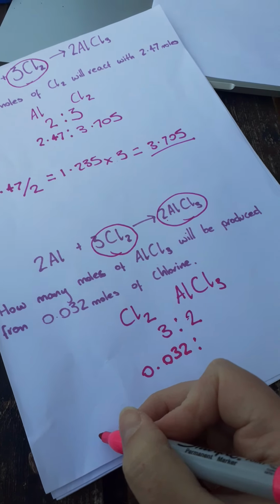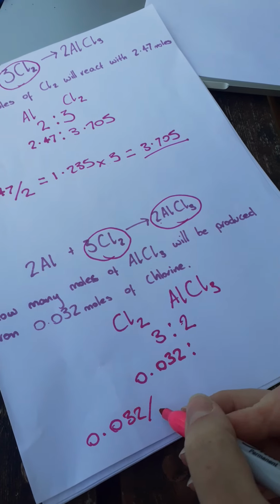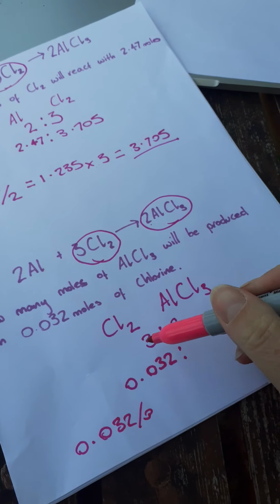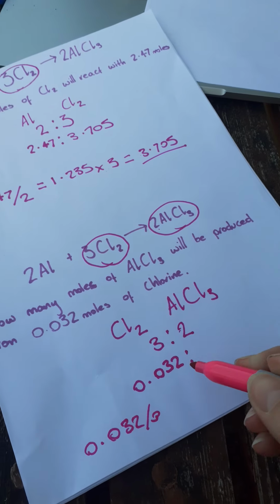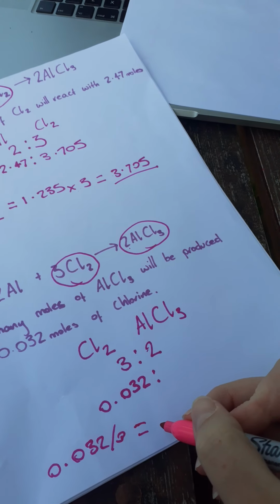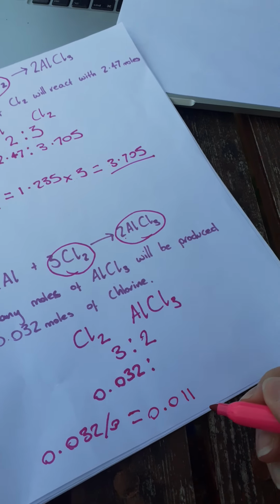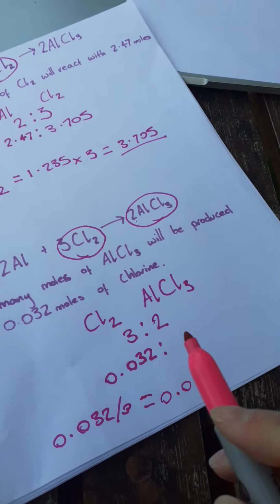So same as last time, we're going to take our 0.032 and work out what our equivalent for 1 would be. So that's 3. So 1 is going to be 0.032 divided by 3, which gives us 0.011. I've rounded slightly here.